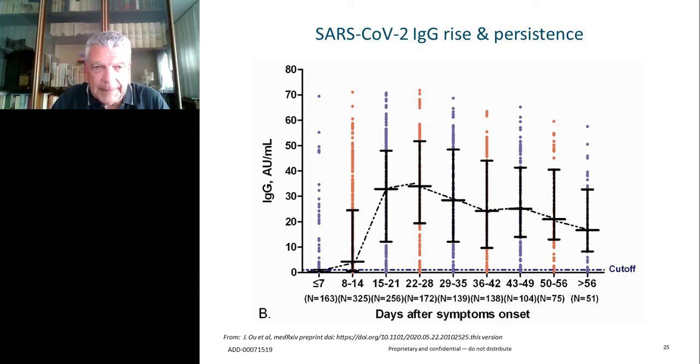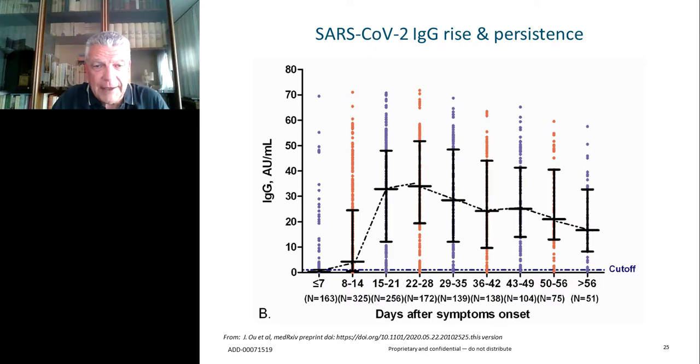And over time, by the way, the persistence is quite different. We have seen that in the scheme that we proposed before getting into the details of IgM and IgG. You see here an IgG course with the levels that are still quite high. This is in arbitrary units by another assay. So if you reach this point, that is many weeks after the onset, 56 days, you still have quite high levels.